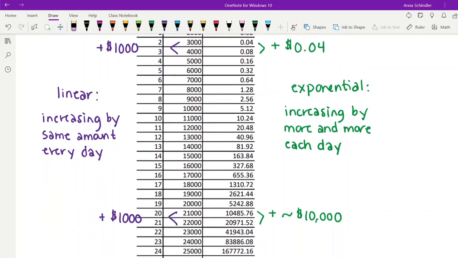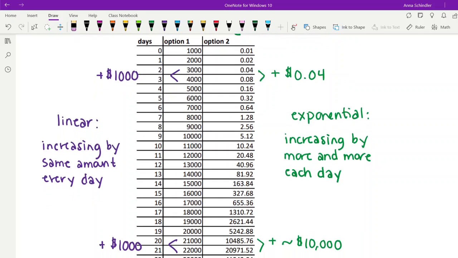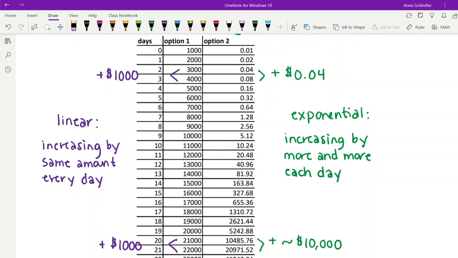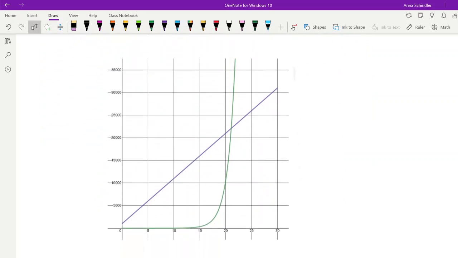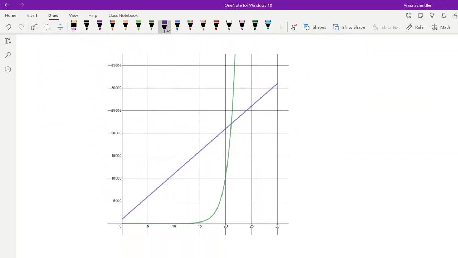Just to give you a visual on this idea of how one of them is increasing by the same amount and one of them is increasing by more and more, here are the graphs of the 2 different functions. This was the linear function, 1,000x plus 1,000. And this was the exponential one, which we saw was 0.01 times 2 to the x.